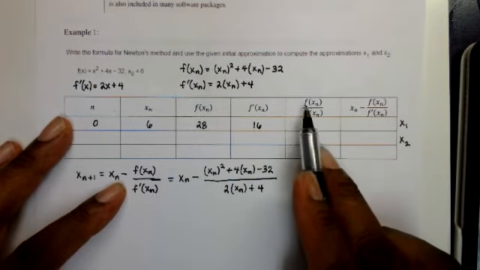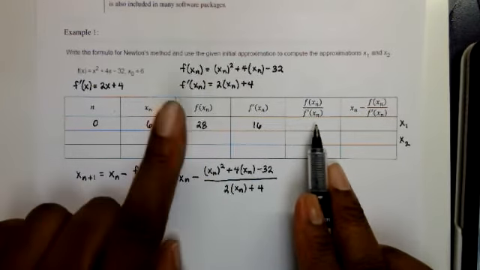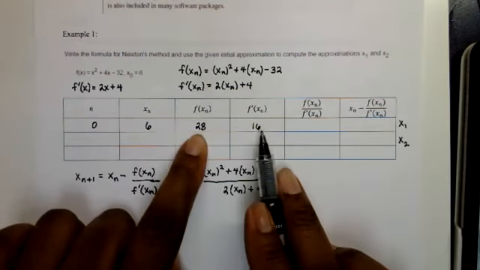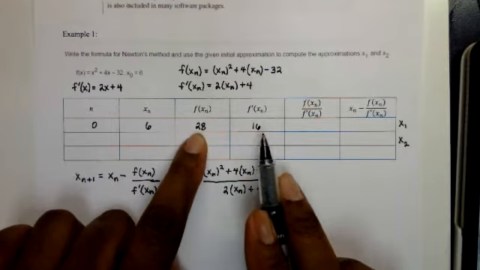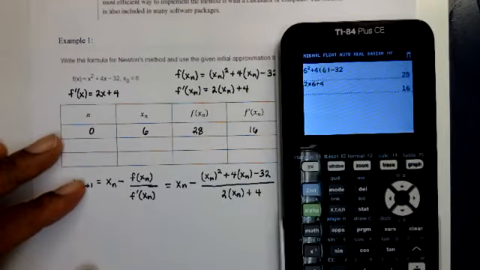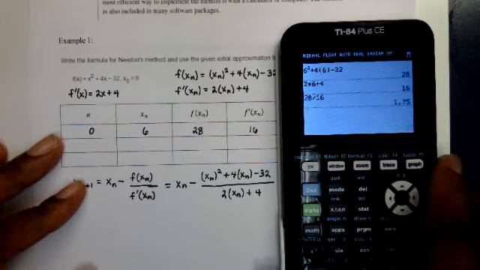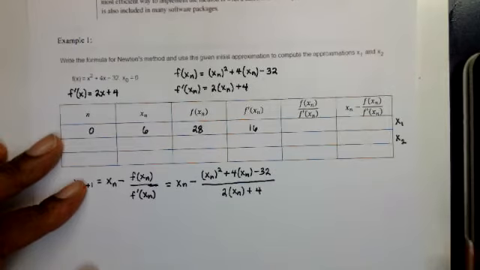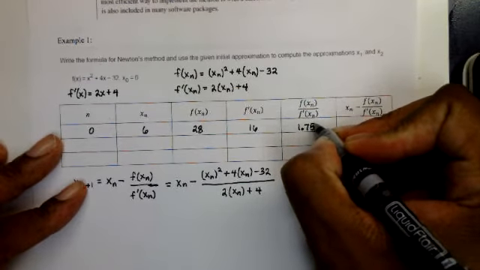Okay. Now, f of x sub 0 divided by f prime of x sub 0, that's this value divided by this value right here. That's 28 divided by 16. So if I do 28 divided by 16, that would give me 1.75. So that 1.75 goes here.